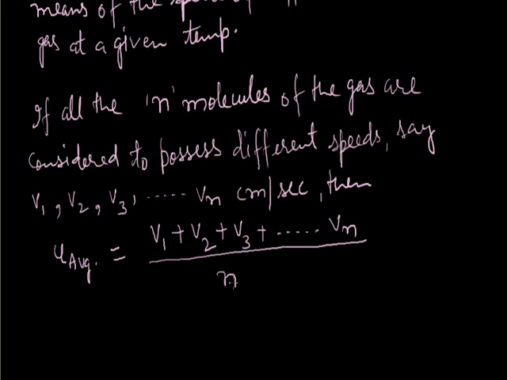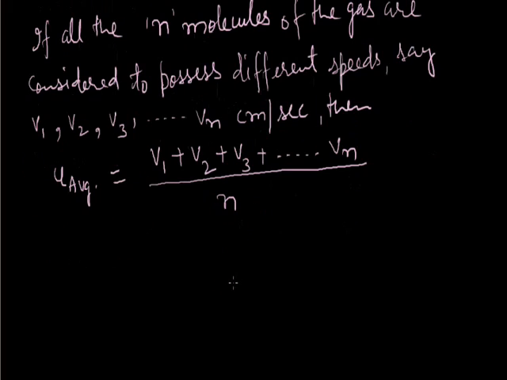On the other hand, if n1 molecules of the gas have speed v1 centimeter per second, n2 molecules have speed v2 centimeter per second, and n3 molecules have speed v3 centimeter per second, and so on, then it is expressed as follows.